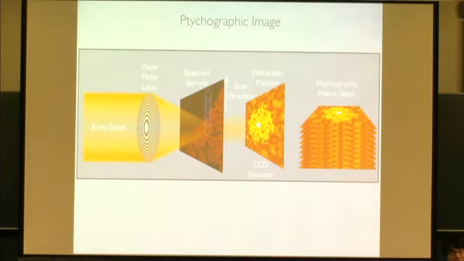So how does it work out? We have a sample in the middle, which is a large one. We have X-ray on the left-hand side, which is the X-ray generated by the synchrotron. It's a monochromatic X-ray. Then we have a small focus on the sample. We get a diffractive pattern of this small area.